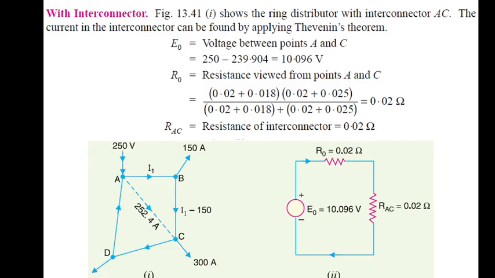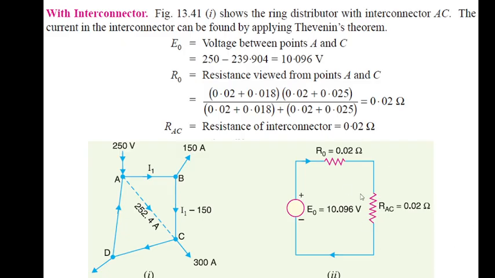So the resistance of the interconnector itself is also given as 0.02 ohms. This is just a KVL, KCL calculation with Ohm's law, so it's very simple to calculate this value. And using these values, the network is simplified into an equivalent Thevenin circuit, as shown in the right-hand diagram.